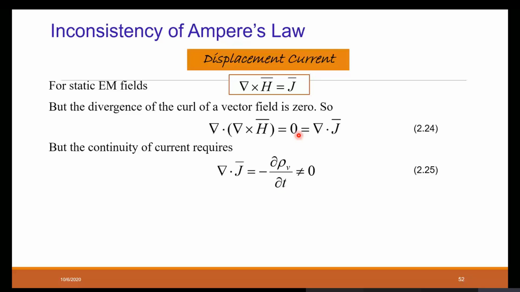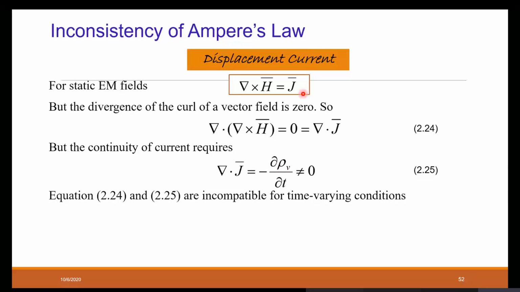This is inconsistent. This is not a complete, correct statement. So there must be some quantity that should be added here in order to say that divergence of curl of H is equal to 0. These two equations are incompatible for time varying conditions. Del dot J bar is not equal to 0 for time varying fields.